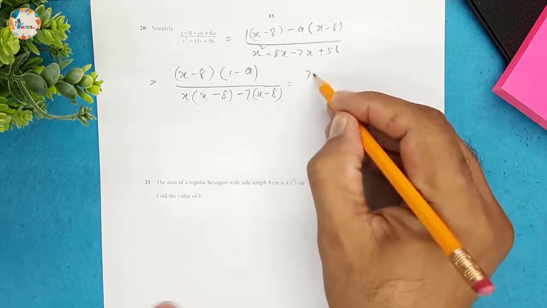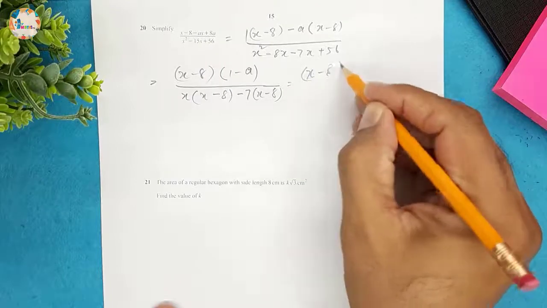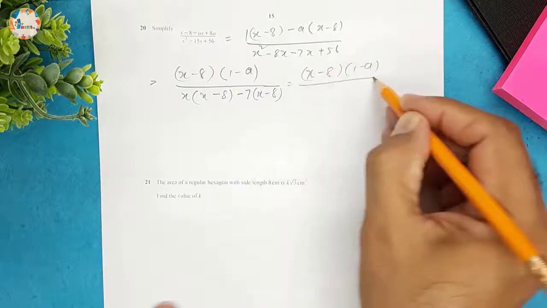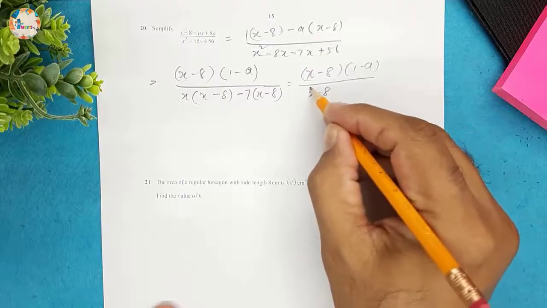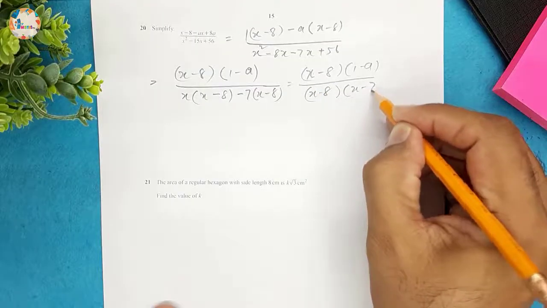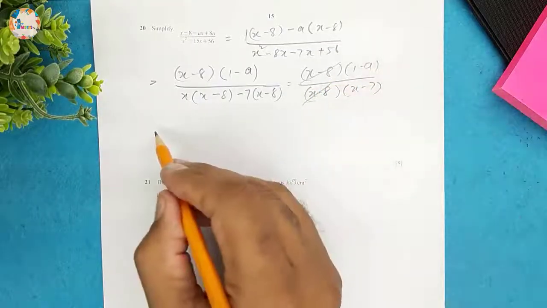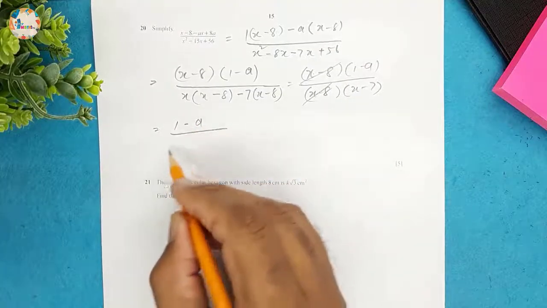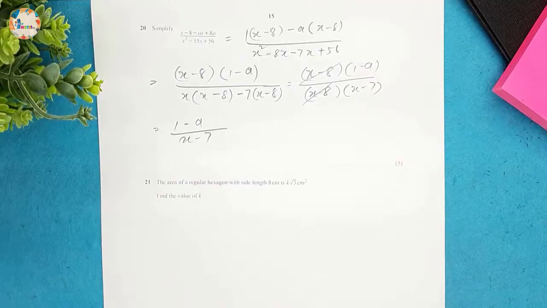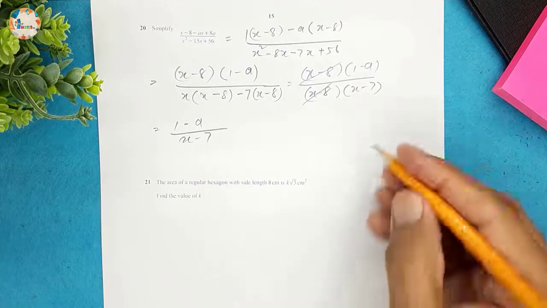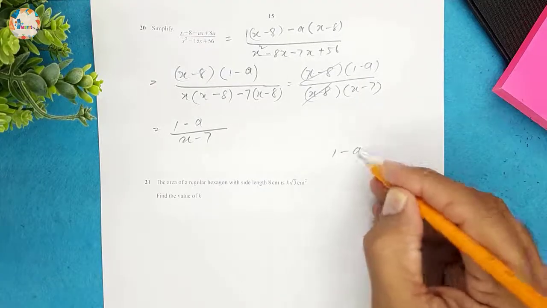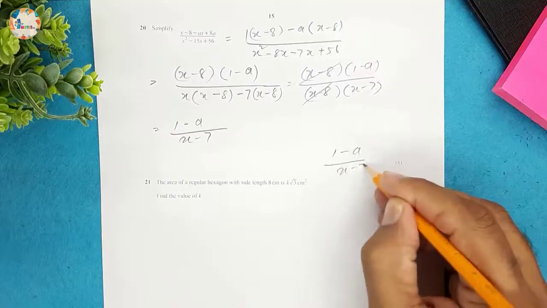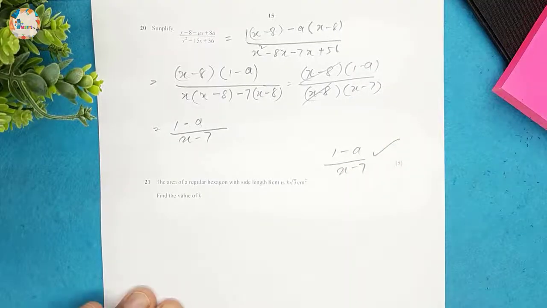So this will be x minus 8 and 1 minus a divided by x minus 8 into x minus 7, this will be gone, so the answer we can write 1 minus a over x minus 7. This will be our final answer.